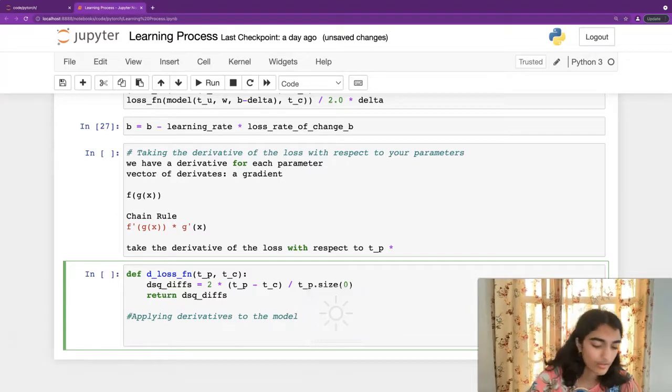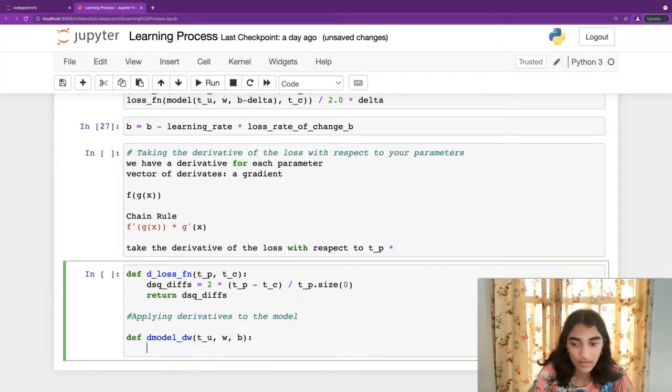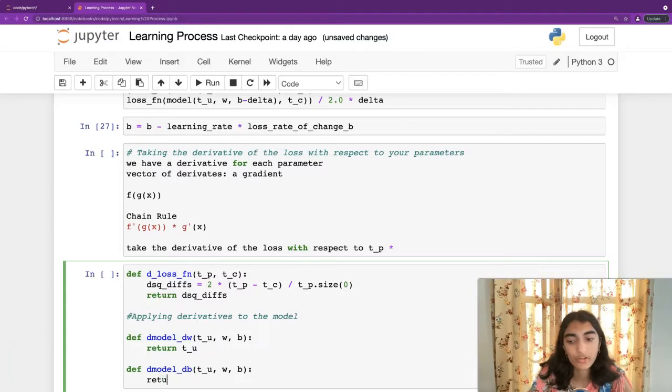Let's have d model with respect to the weight: def d_model_dw(tu, w, b), and return tu. And def d_model_db(tu, w, b), and we're going to return 1.